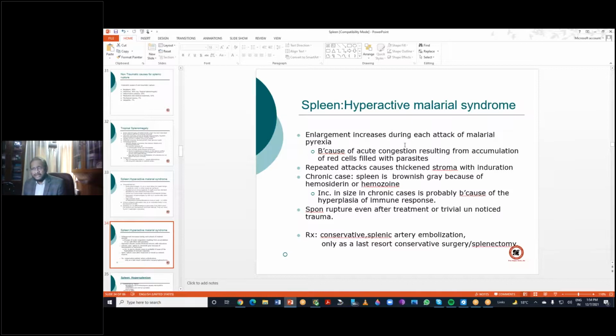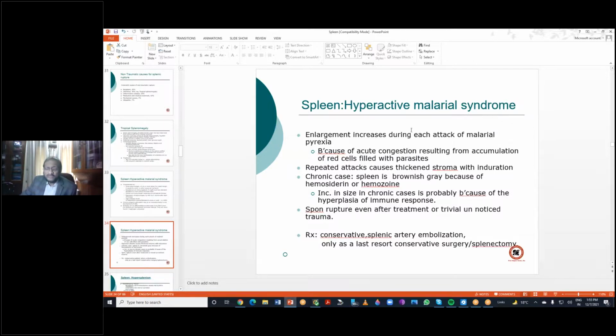Thickened stroma and induration, and that's why when you have a chronic malarial spleen, which is chronic hyperactive spleen, there is not only the acute congestion, it is also an increase of hyperplasia of immune response and increased amount of fibrosis, thickened stroma, and induration. So they all together go on to give rise to the largeness of the spleen. So in the acute attack, it is only the congestion. In the chronic malarial spleen, it is also the immune response and the hyperplastic response of a thickened stroma.